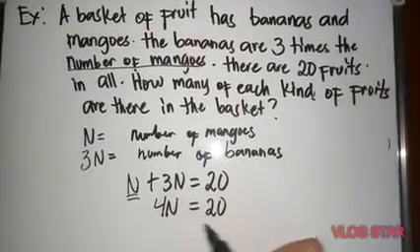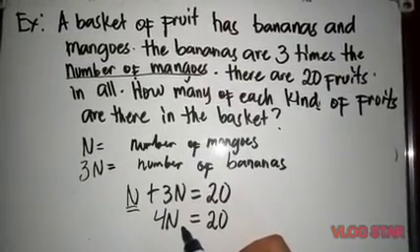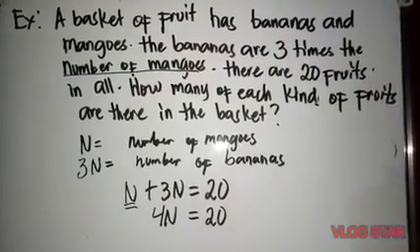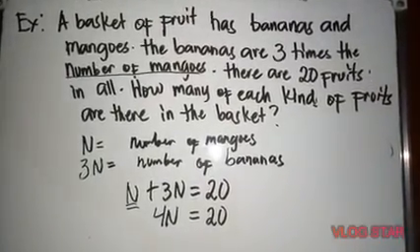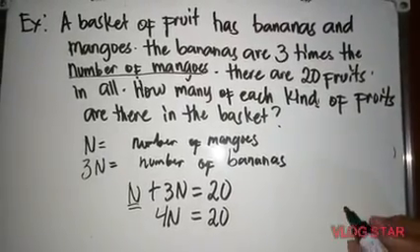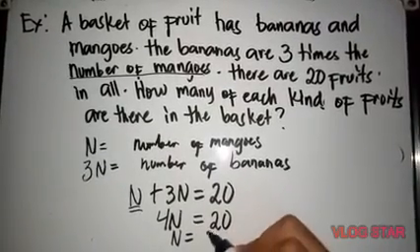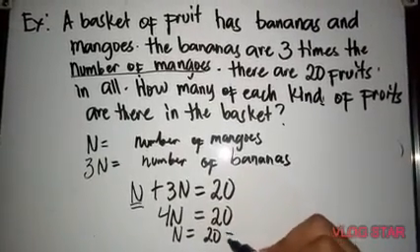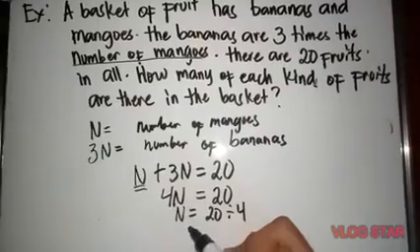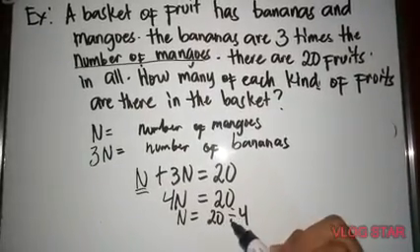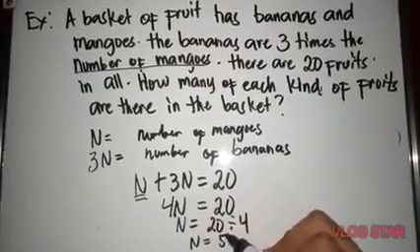So what is the reverse operation of 4 times n? The reverse operation for multiplication is division. So we can write this as n is equal to 20 divided by 4. The value of n would be 5.